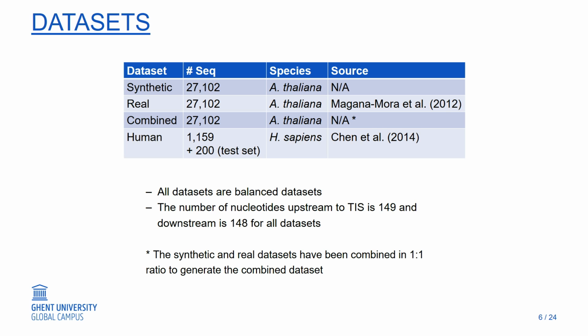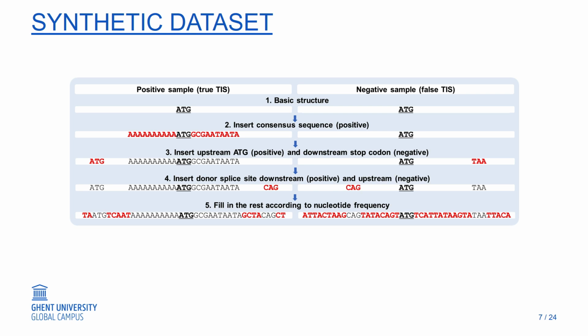The datasets we used are the synthetic, the real, and combined datasets for the main part, and we used a human dataset for transfer learning. The synthetic dataset was generated using 5 features: the consensus sequence, the upstream ATG, the downstream stop codon, donor splice site, and the nucleotide frequency.